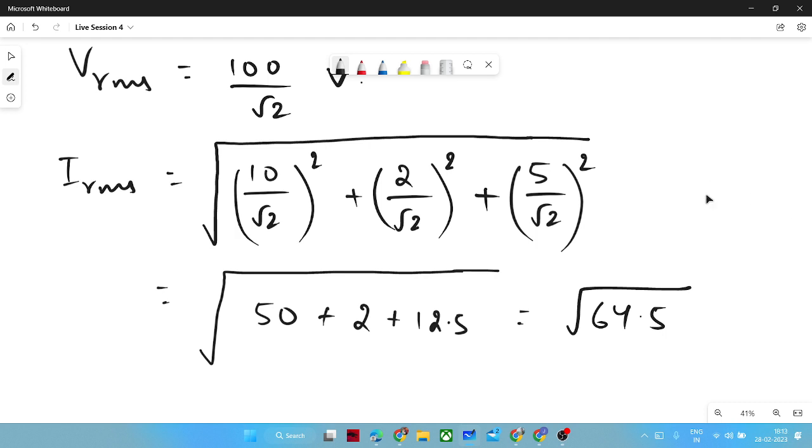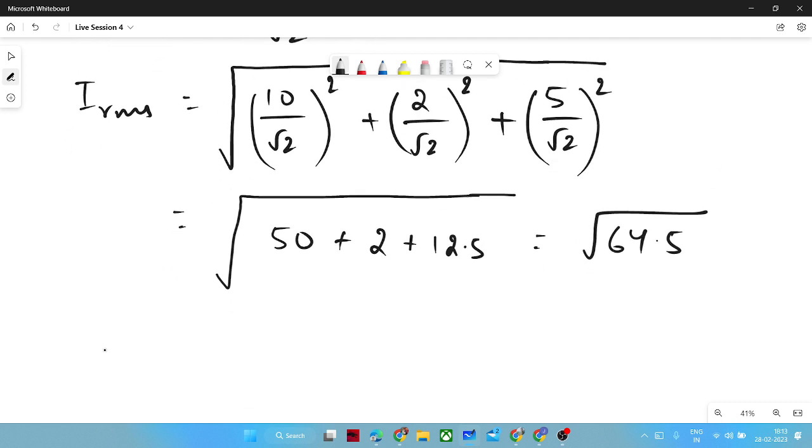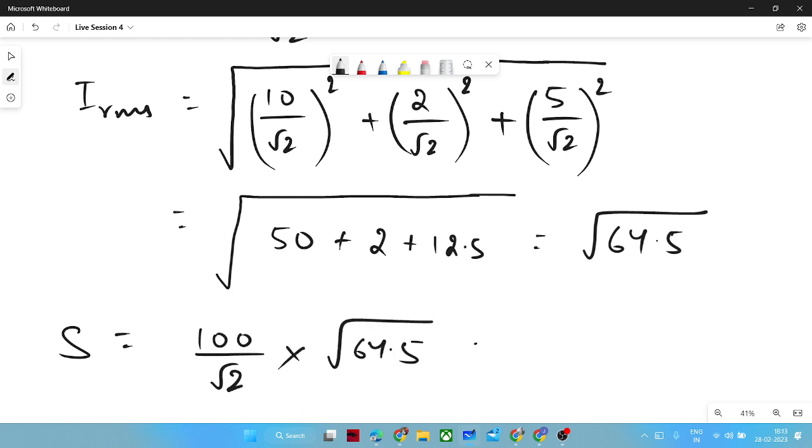And now you just need to multiply it. Apparent power is generally denoted by S. So VRMS is 100 by root 2 into IRMS, which is 64.5.